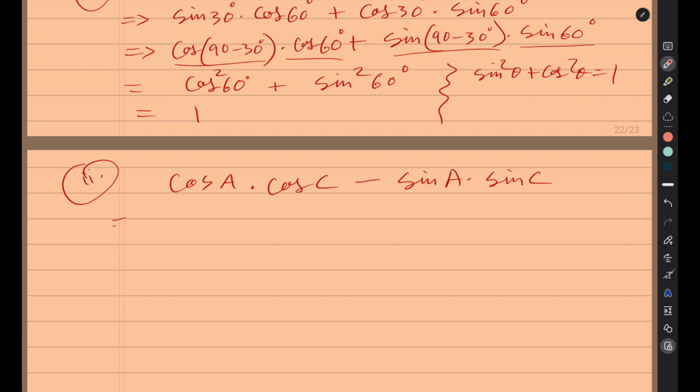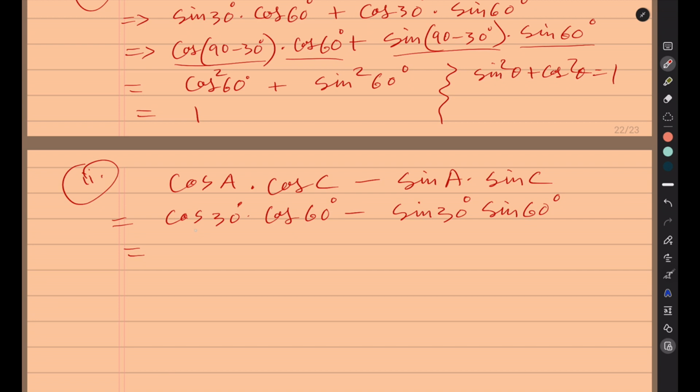Here I will simply put the angles and then try to solve it by putting its value. So A is 30 degree, and then C is 60 degree.